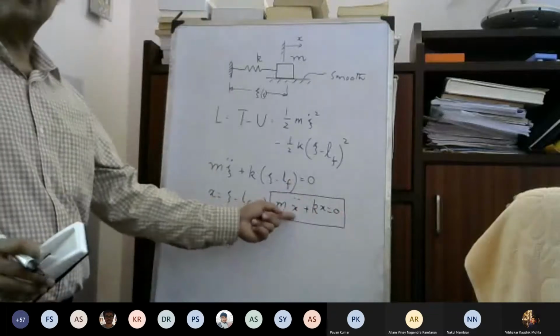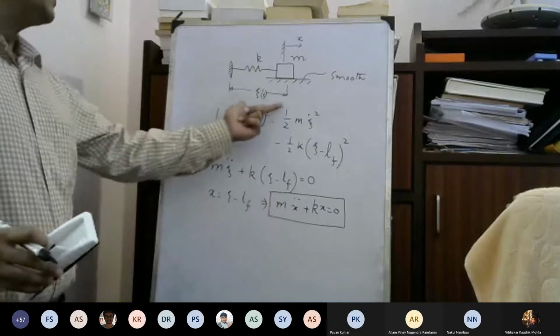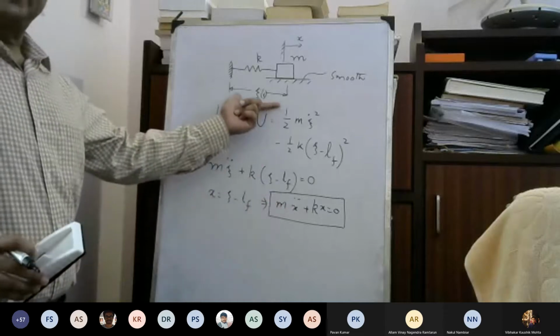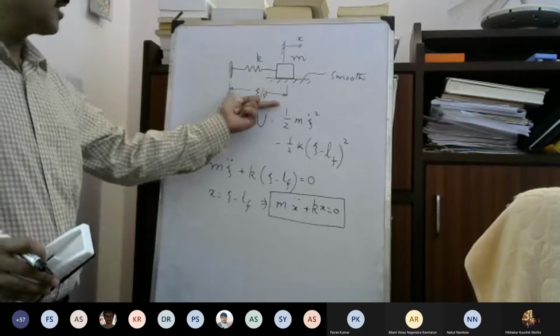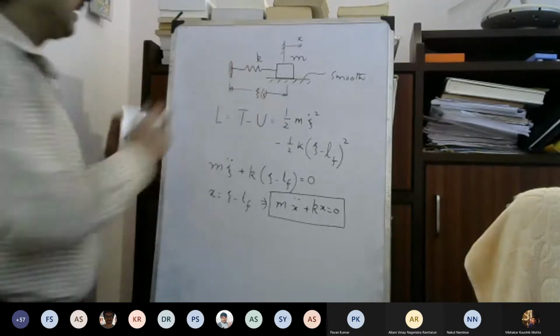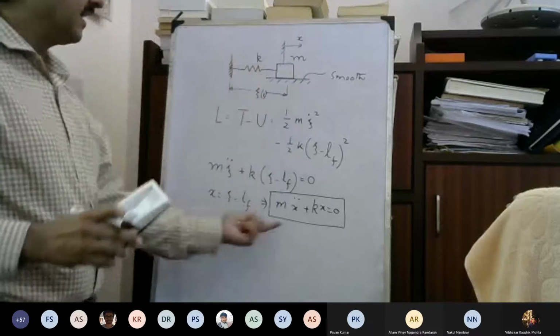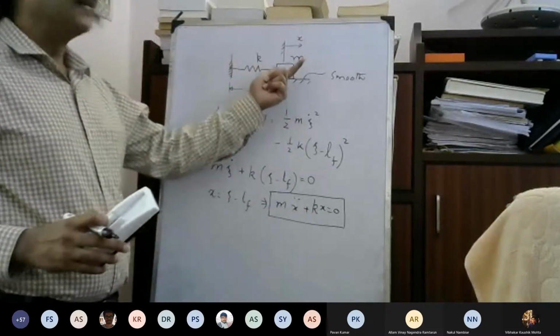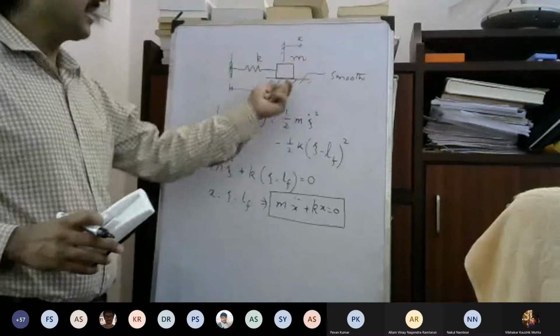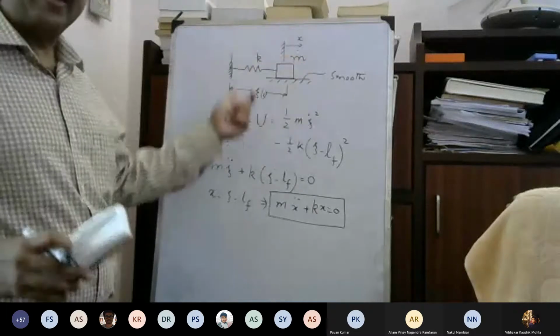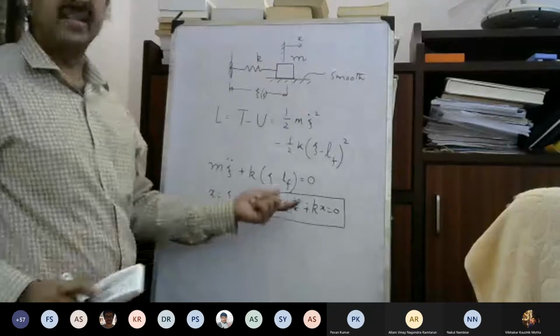x is now our generalized coordinate. Zeta is the generalized coordinate, but it is also the true coordinate of the mass if you consider this as the origin. But x is the displacement from the equilibrium position, which is definitely not a coordinate of the mass, but it can be considered a generalized coordinate.